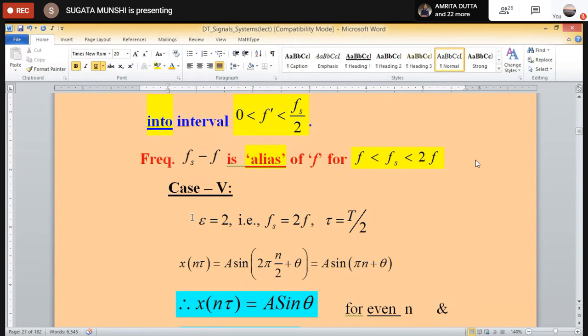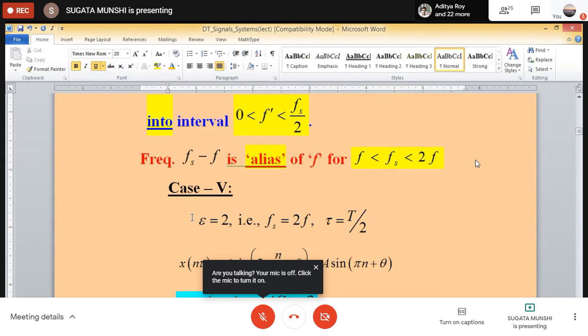So alternate samples will have the same magnitude but opposite sign. As a consequence, the frequency information of the original analog sinusoid will be preserved here. But you will find that the amplitude and phase information are not preserved.